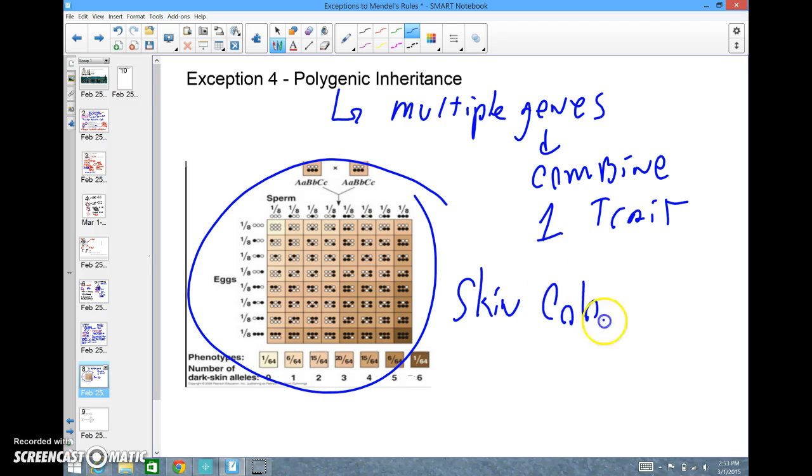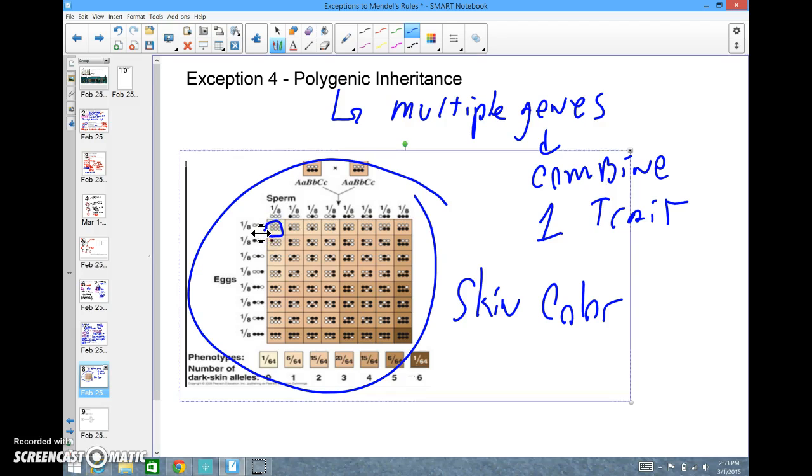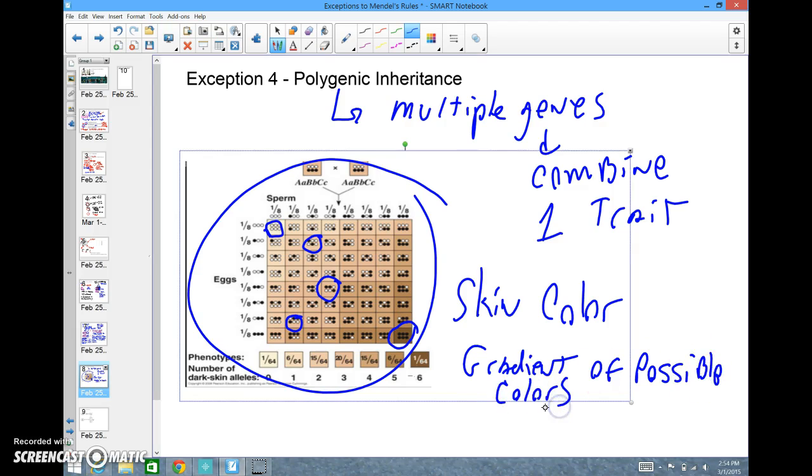And what you can see is that over here, if you were recessive for each of these 6 traits, you would have really light skin. And down here, if you are dominant for each of the 6 traits, you have really dark skin. And what happens is, and you can see just by looking at various boxes, depending on which combination of dominant and recessive you have, it creates a gradient of possible colors. And that actually is how we have all the different shades of skin color.